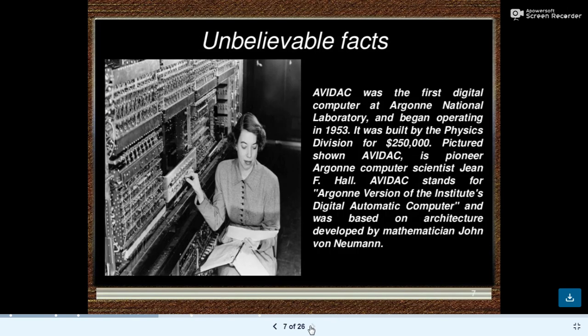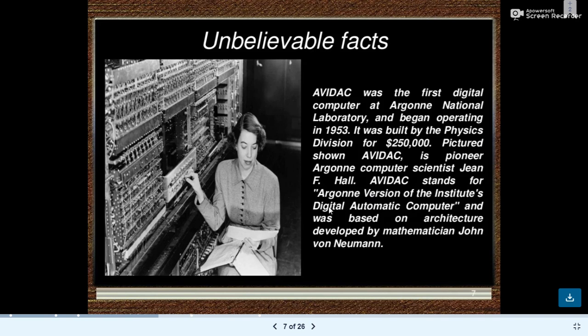Unbelievable facts. AVIDAC was the first digital computer at Argonne National Laboratory and began operating in 1953. It was built by the Physics Division for $25,000. The picture shows AVIDAC with pioneer computer scientist Jean F. Hall.